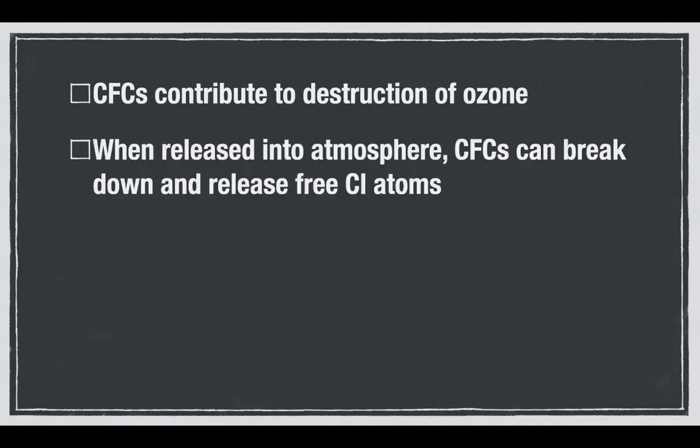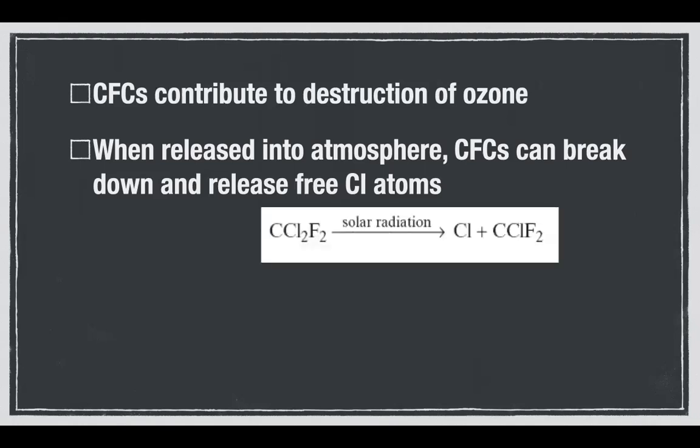When CFCs are released into the atmosphere, they break down and they release free chlorine atoms. And if you remember or have learned anything from me in chemistry, you should know that chlorine is an extremely reactive atom by itself, because it needs only 1 electron to be stable.